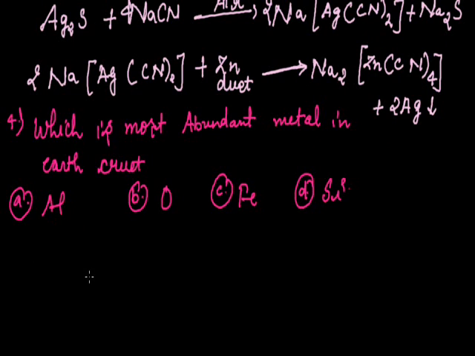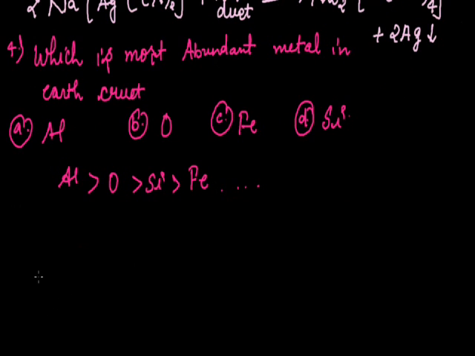Now, if we see the order of these elements, aluminium is the most abundant metal in the earth crust, present in a high percentage. Then comes oxygen, followed by silicon, and then iron, and further there are many elements like calcium and magnesium.